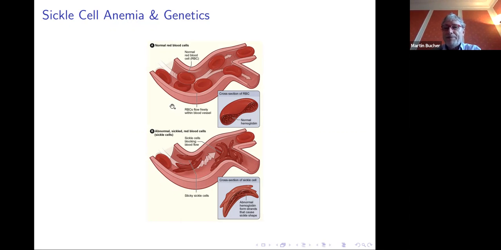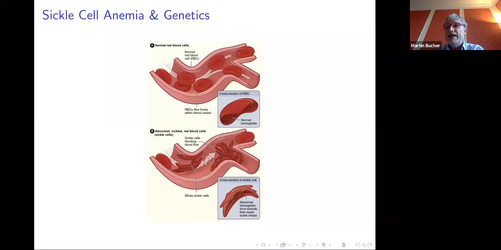So what happens is, if there are both sorts of hemoglobin, then when the red blood cells get infected and have very little oxygen, they tend to burst.